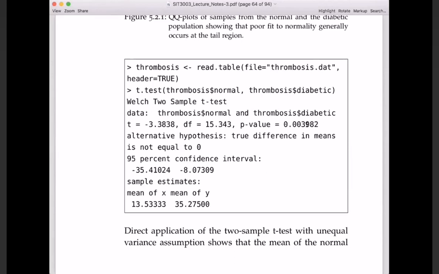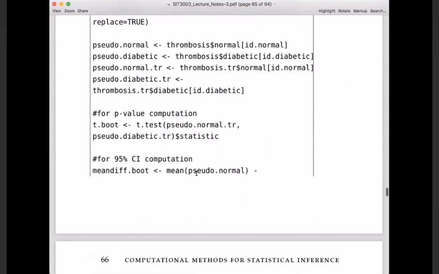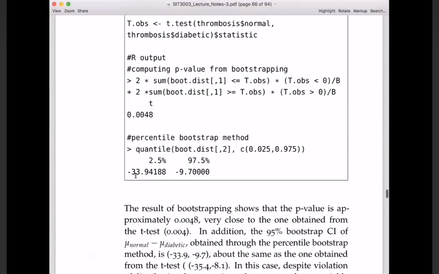It's just slightly higher, on the fourth decimal place already. And your 95% confidence interval is also very close: minus 35.4 to minus 8.07 for the t-test, and minus 33.9 to minus 9.7 for the bootstrap. It's quite close.